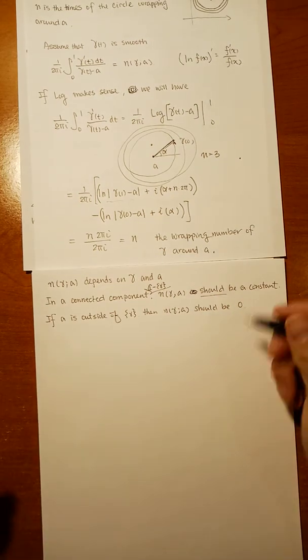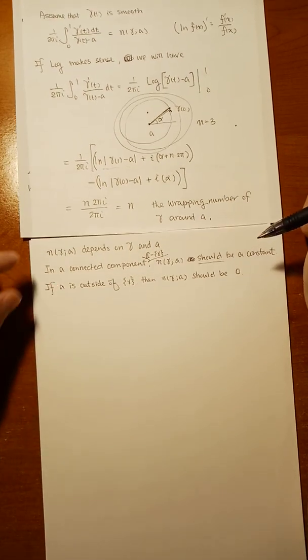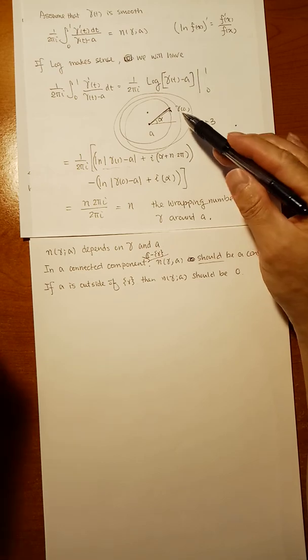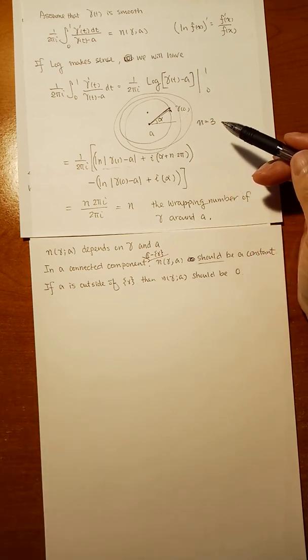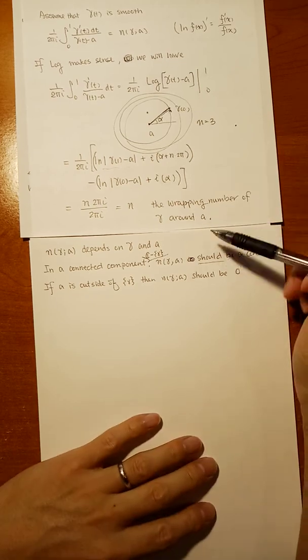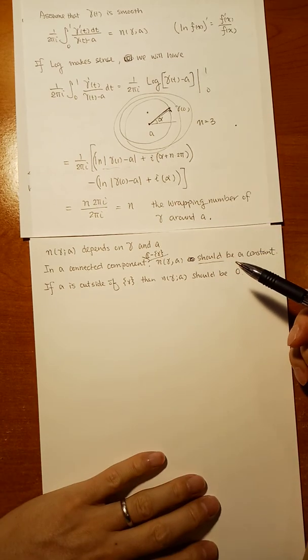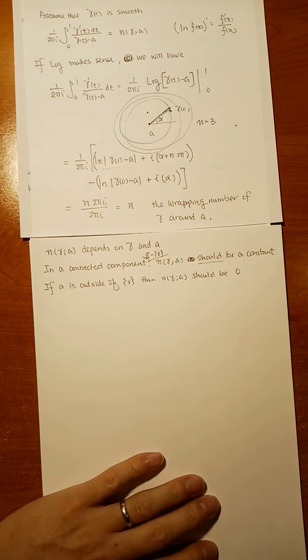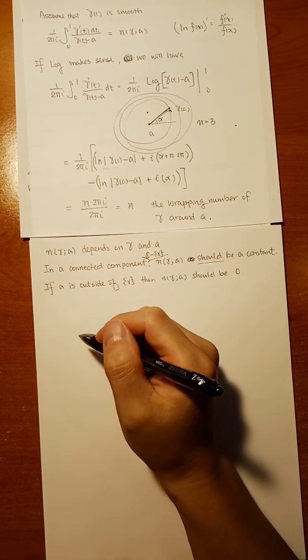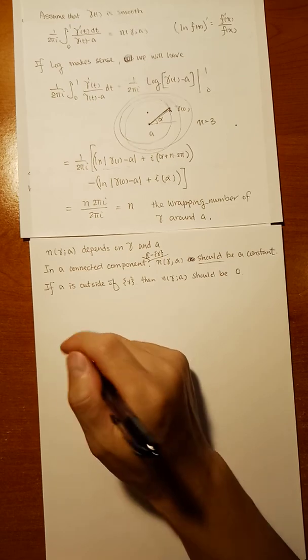It does not wrap around A. So that's our observation when we try to understand the winding number. Okay, so we're going to prove that what we observed is correct. And before that, let's have another little topological observation.